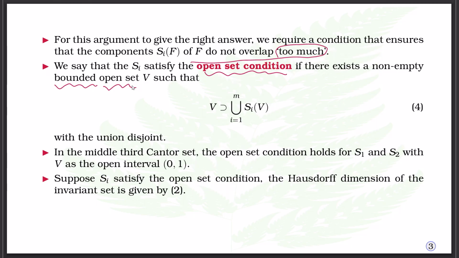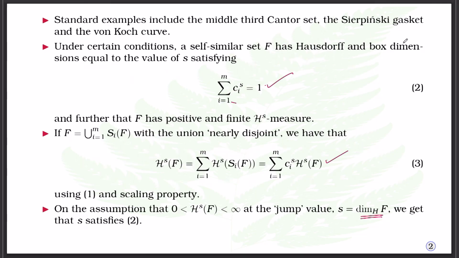In the middle Cantor set, the open set condition holds for S1 and S2 with V as the bounded open set, the open interval (0, 1). Suppose the S_i satisfy the open set condition, the Hausdorff dimension of the invariant set is given in equation 2.